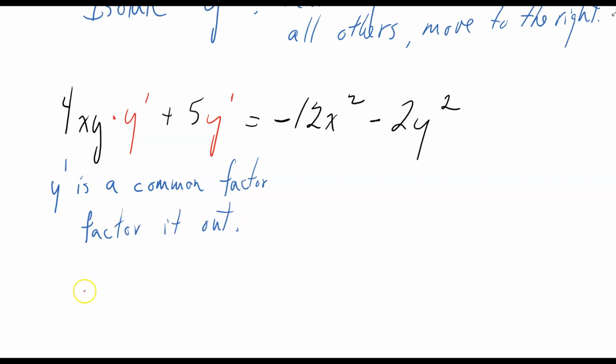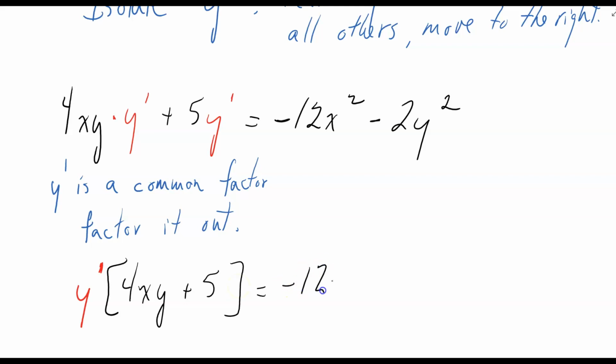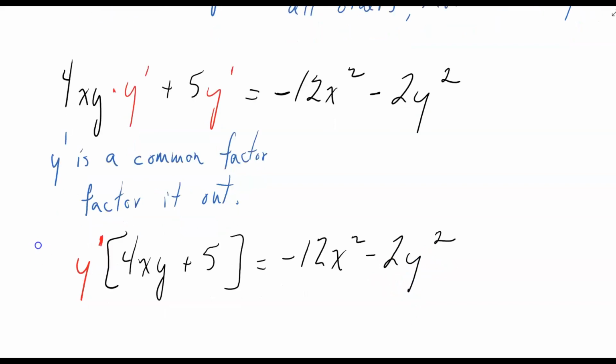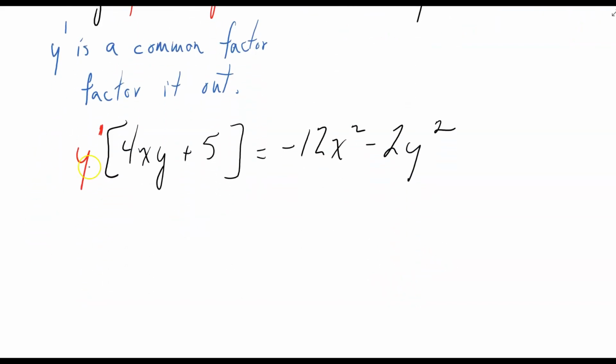Okay, so y prime multiplied by, well, if I factor it from the first term, I'm left with 4xy, and I factor it from the second term, I'm left with 5. Let's leave our minus 12x squared and our minus 2y squared like that. And now to isolate y prime, I just need to divide by everything that's in the brackets here.